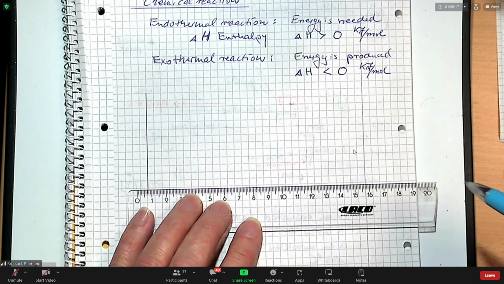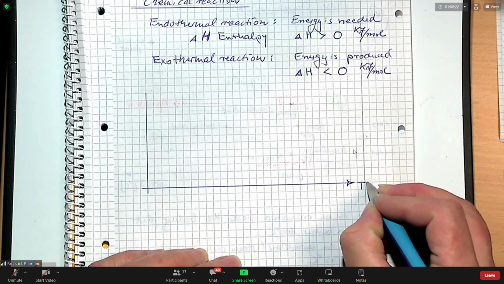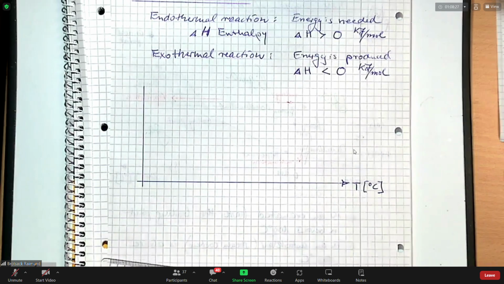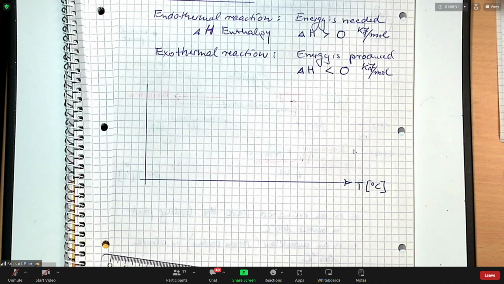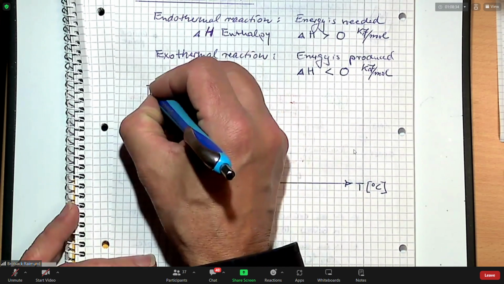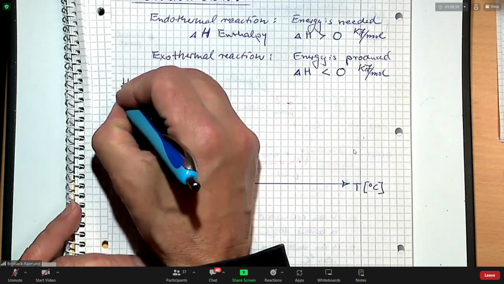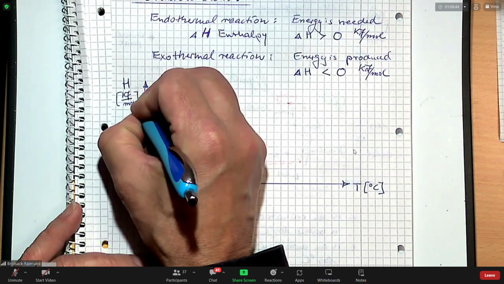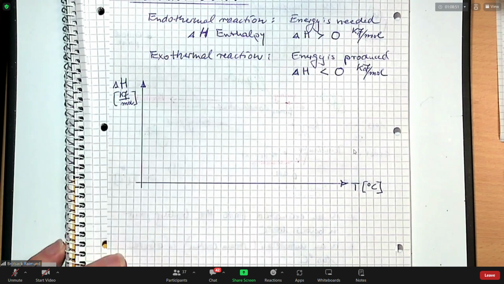To the right, we have the temperature in degrees Celsius, and the y-axis is now the enthalpy in kilojoule over mole, or we say the delta of the enthalpy.